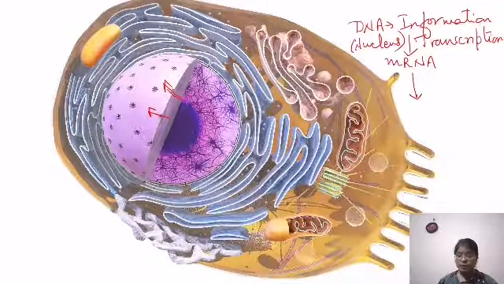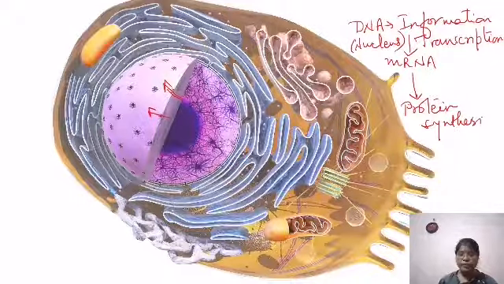and comes into the cytoplasm. Now what happens in the cytoplasm? You know that protein is formed. Protein synthesis takes place, and this process is known as translation.